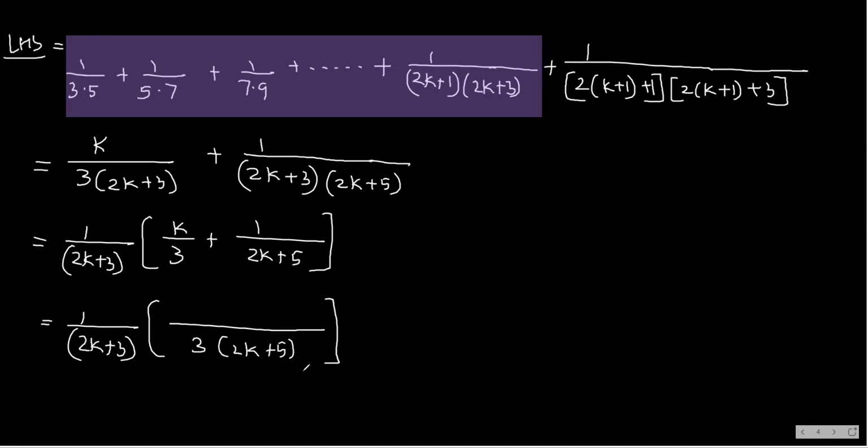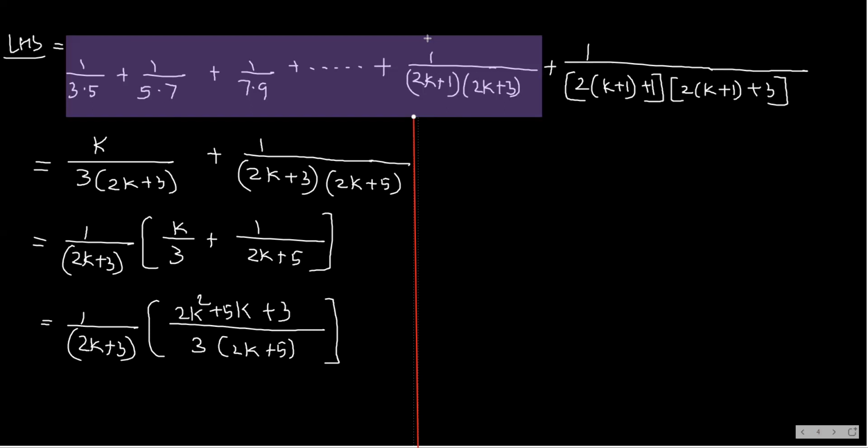Okay, so this will become 2k square plus 5k plus 3. So we need to factorize the numerator. In the numerator, we are getting a quadratic expression.